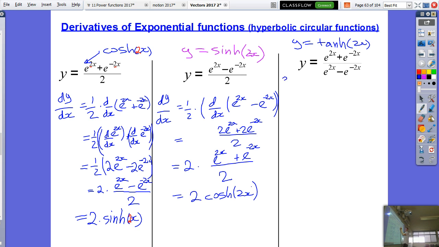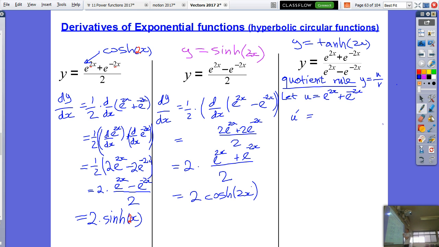Let's try out the quotient rule. Okay, y equals u on v. So let u equal e to the 2x plus e to the negative 2x.